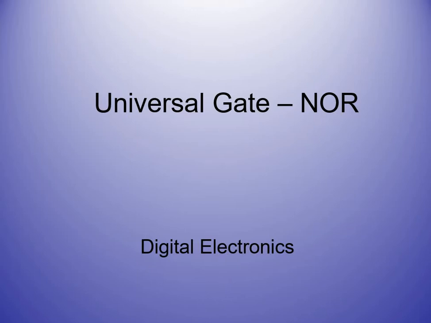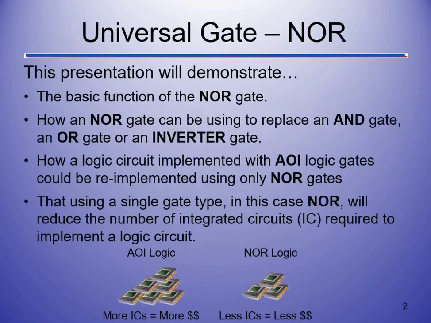Very similar to the NAND gate as far as all the same kind of procedures that we're going to follow, only it means not or instead of not and. So basically, same steps, same procedure, being able to redraw circuits in terms of NORs instead of AOI logic.